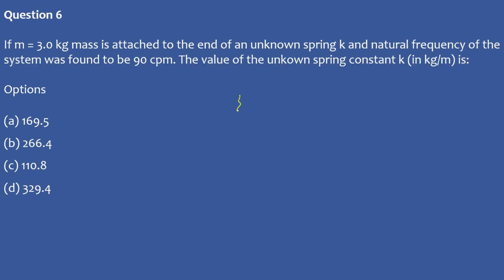So you have a mass, a spring constant k, and the natural frequency of the system Fn is given by 90 cpm. You need to determine the value of the unknown spring constant k.